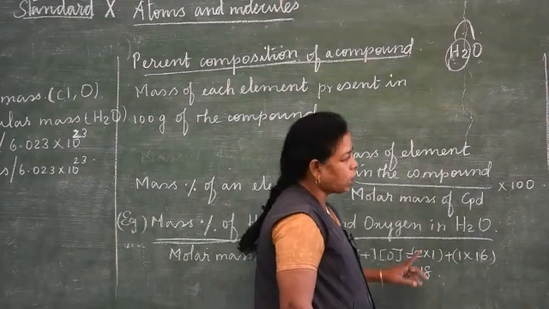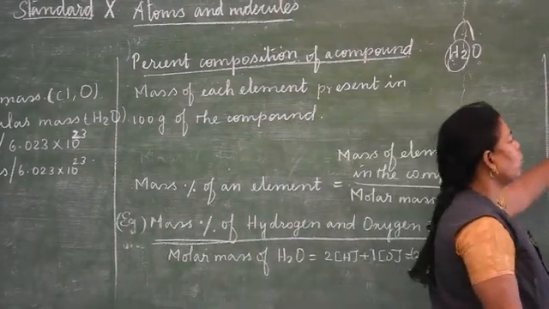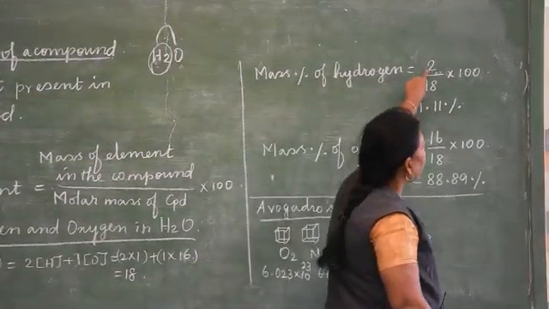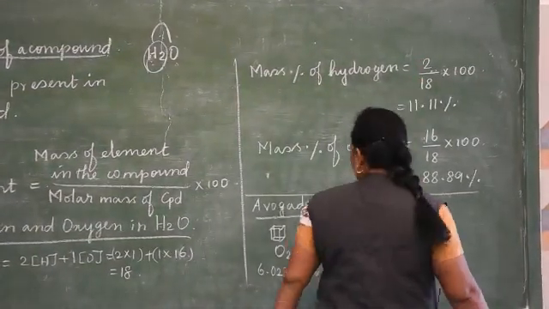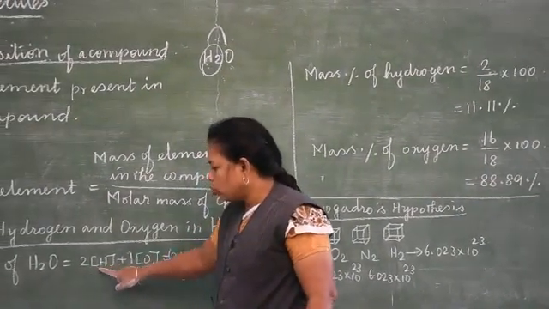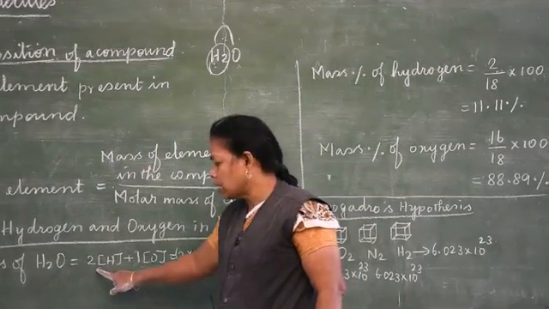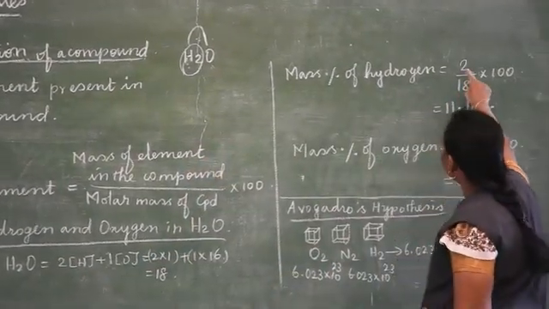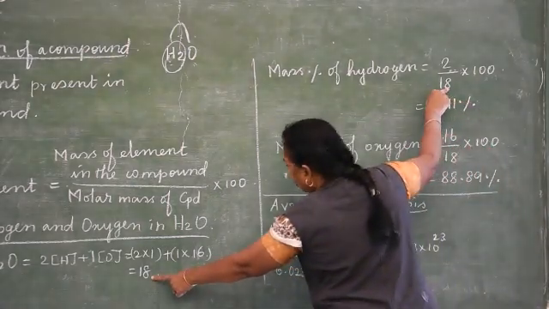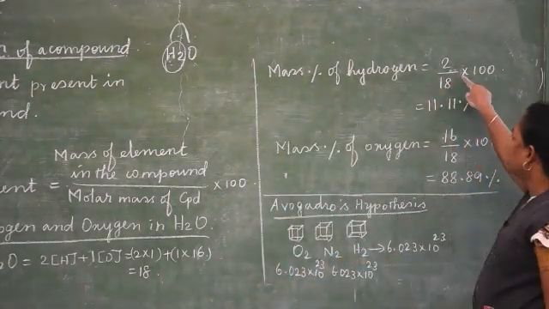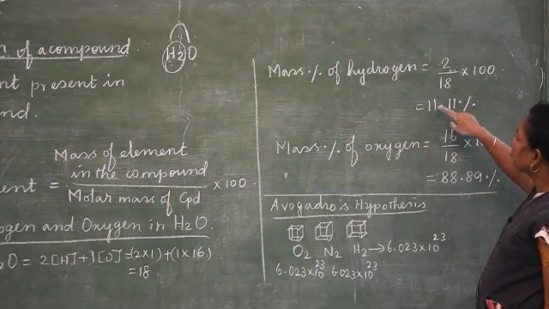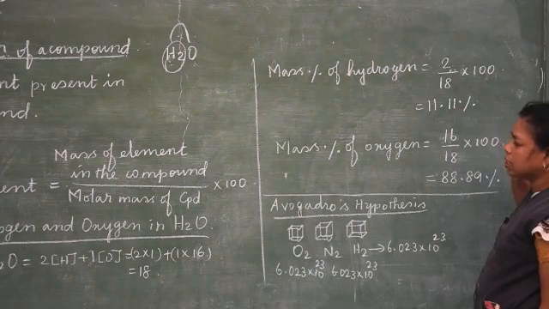Now, how to find the mass percentage of hydrogen? The mass of hydrogen in the compound is 2 grams. Mass of the element divided by the molar mass of water, which is 18, so 2 divided by 18 into 100 gives 11.11%.